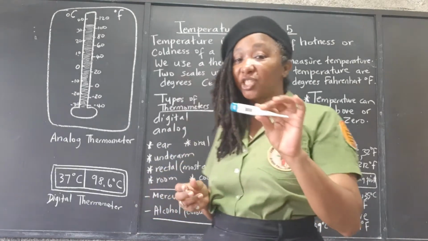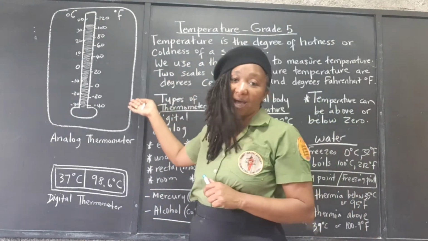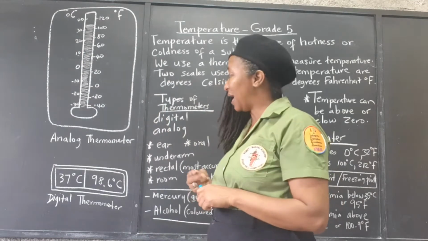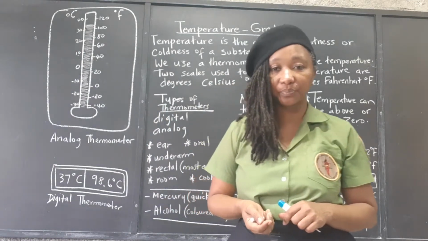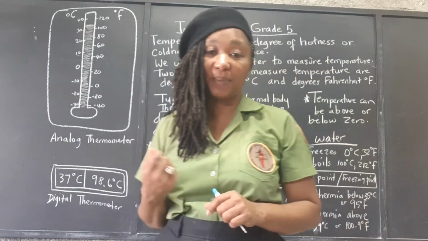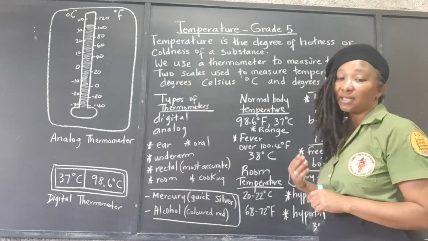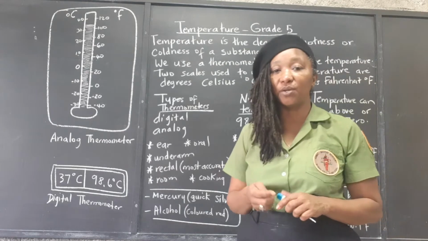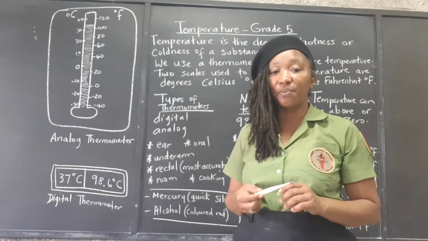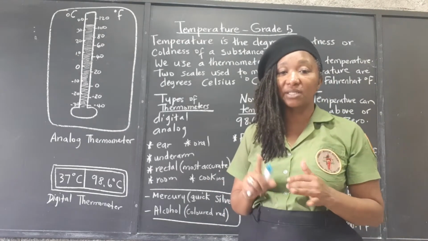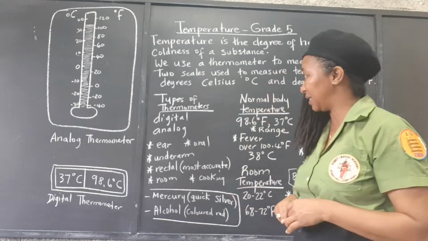So this is a digital thermometer. On the board I've also drawn an analog thermometer, which I'll explain in a minute. So the two scales that are typically used to measure temperature are degrees Celsius and degrees Fahrenheit.